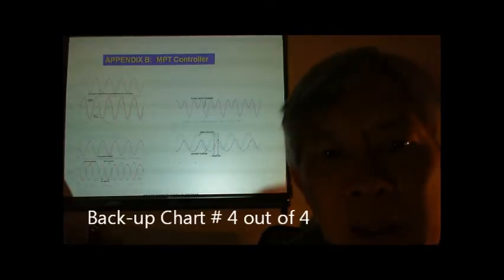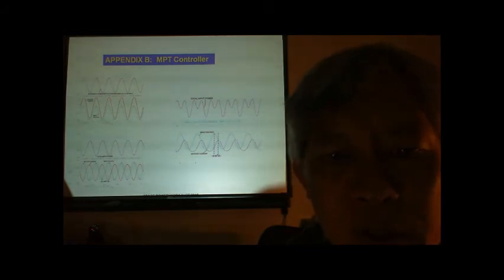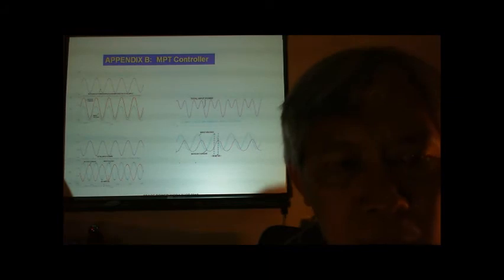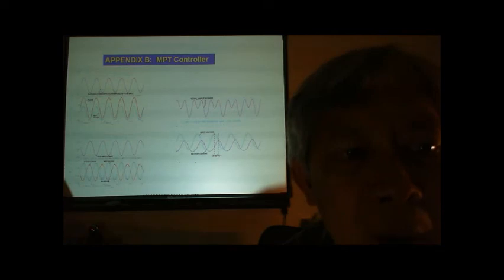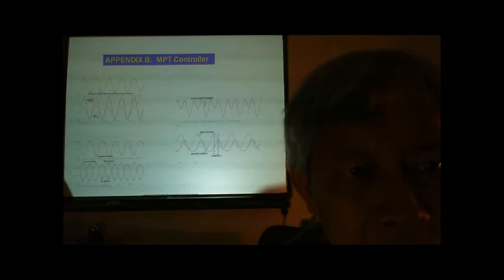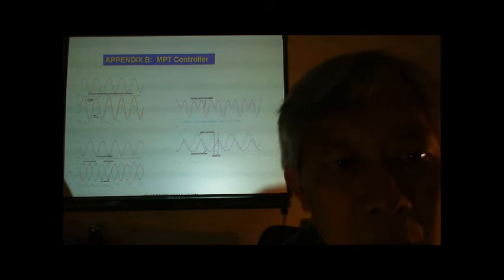Okay, this is another backup chart showing the signals around the MPT controller at different conditions. On the upper top left corner of the chart, showing the power signal in red color, and in blue color also showing the digital voltage.